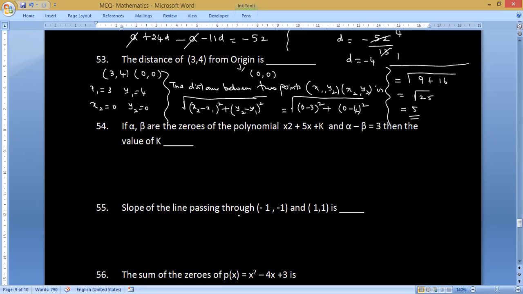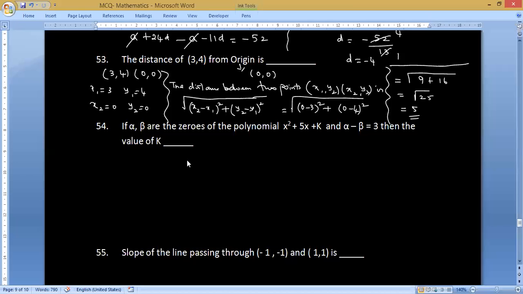So here the question is: if alpha and beta are the zeros of the polynomial x square plus 5x plus k, and alpha minus beta equal to 3, then find the value of k.